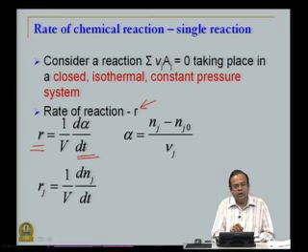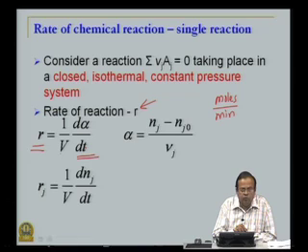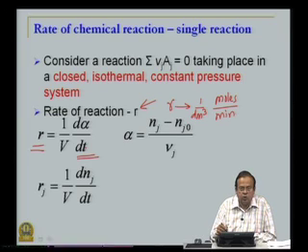We saw earlier that alpha is an extensive property, has units of moles, let us say. So, alpha is in units of moles, time let us say is in units of minutes, and the volume of the reacting mixture let us say in decimeter cube, and hence rate is in the units of moles per dm cube per minute.